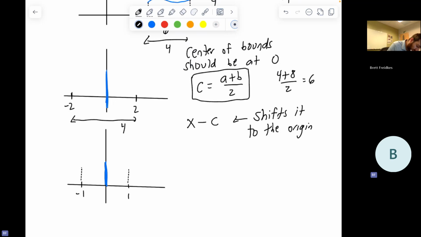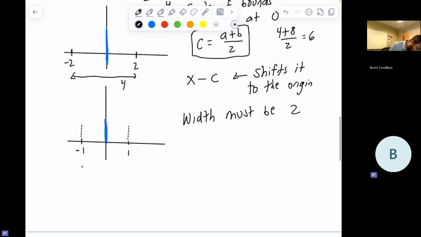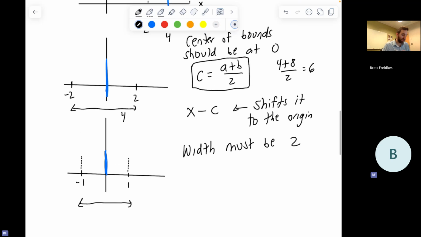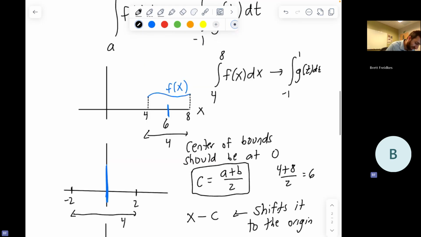The next thing we need to do is note that the width must be 2. Because from -1 to 1, that has to be 2. So I'm going to look at the current width, which will be b minus a. If we come up to here, our width doesn't matter if we shift it or not, but I'll take b minus a.